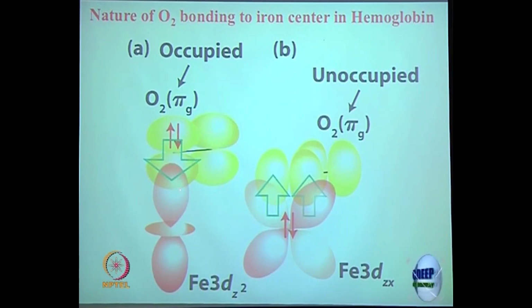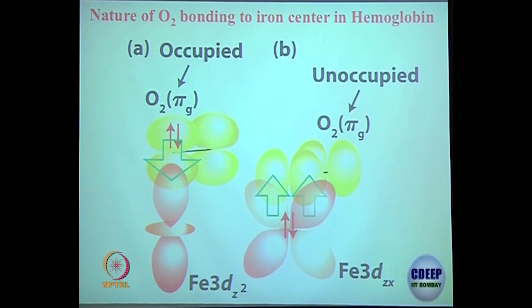It gives to dz2, and from the dxz orbital, it donates back to the oxygen pi star orbital. So it's a back bonding. It's forward bonding and then back bonding.